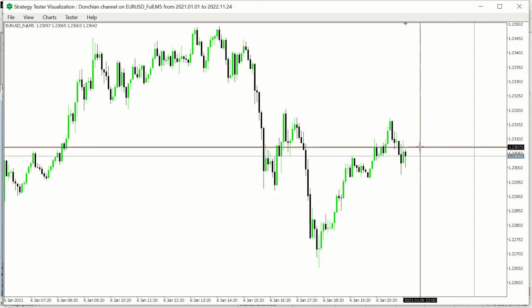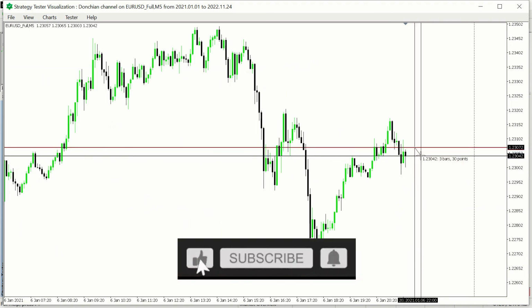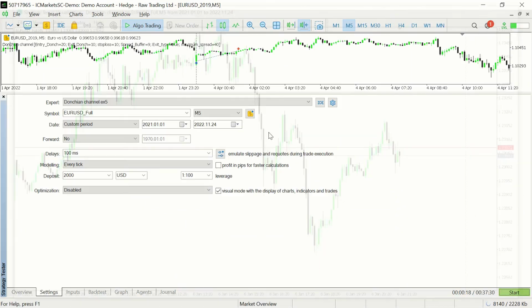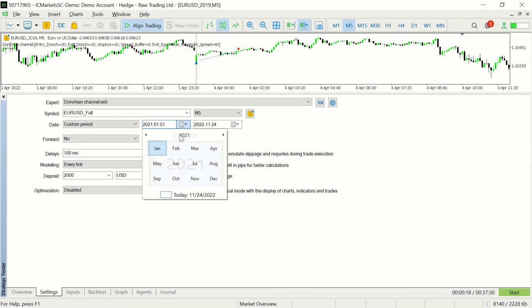So as you can see, as we run the test, the spread will be a minimum of 3 pips. So it can be higher, but the minimum will be 3 pips. This is to account for the high spreads that we'll be getting in the Asian session in the first hour.